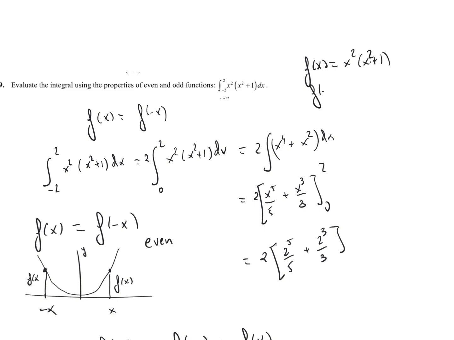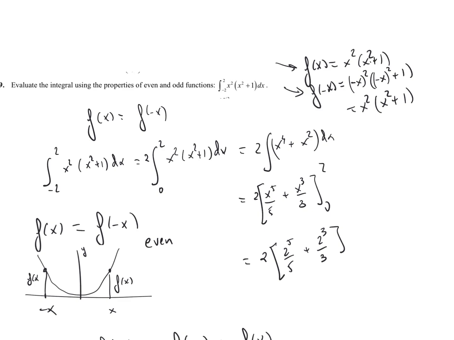Let's see what f of minus x is. f of minus x is minus x squared multiplied by minus x squared plus 1. But minus x squared is equal to x squared. So I have proven that f of x is equal to f of minus x.